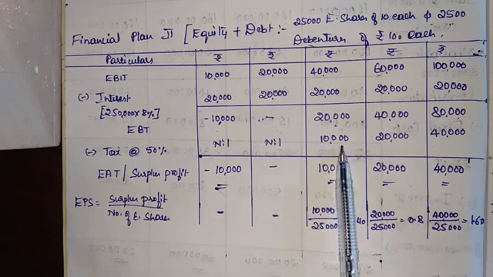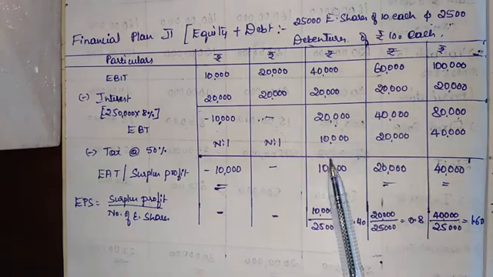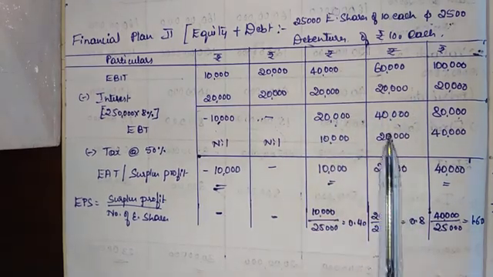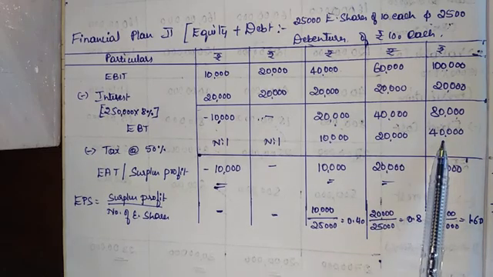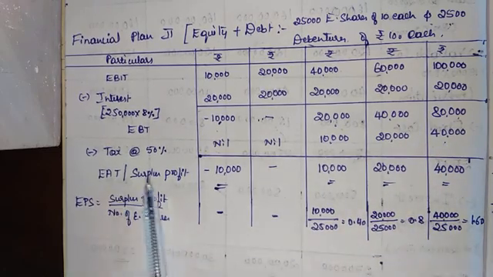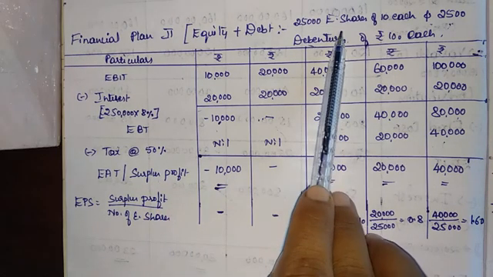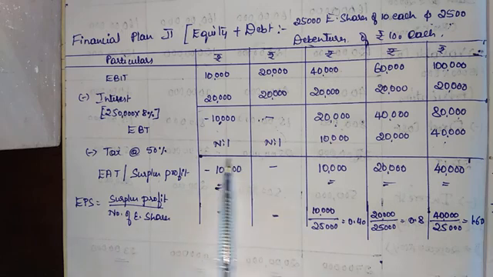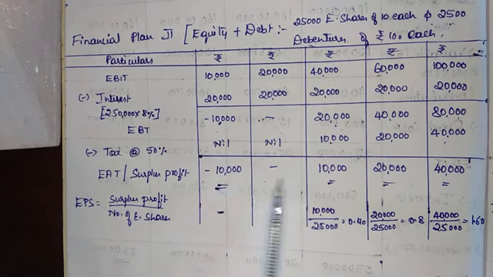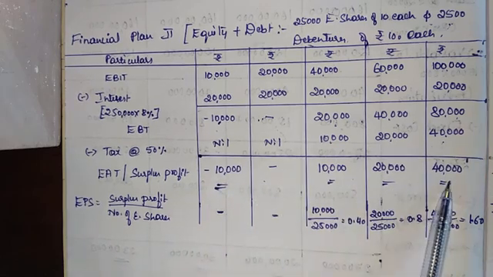For the third EBIT, tax is 20,000 into 50%, which is 10,000; 40,000 into 50%, 20,000; and 80,000 into 50%, 40,000 is the tax. So earning after tax, or surplus profit, in this case there is no preference share, so this only becomes surplus profit. Here there is a loss, here there is nothing, and 10,000, 20,000, 40,000 is the surplus profit.